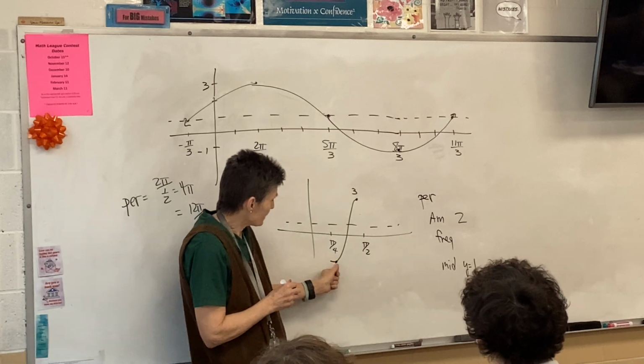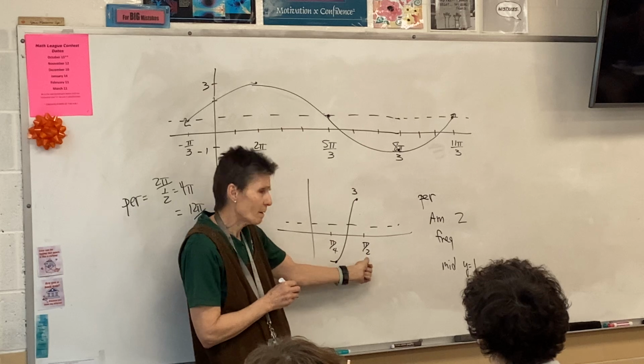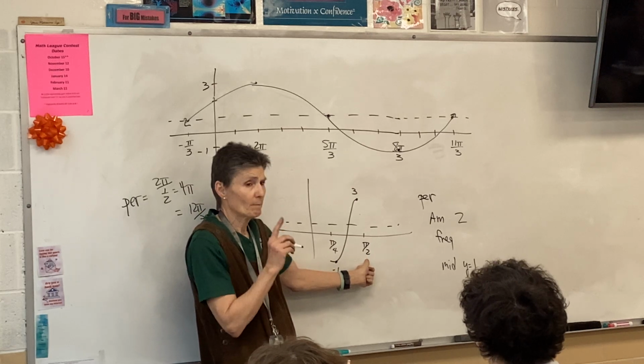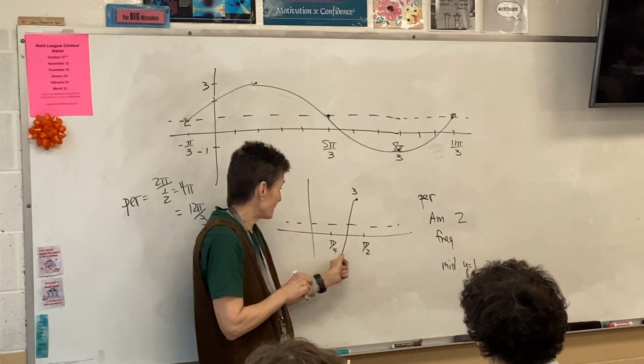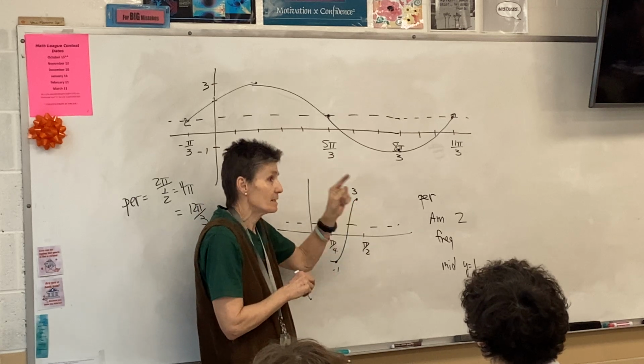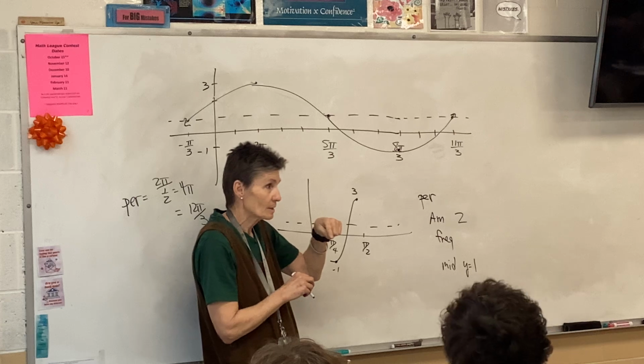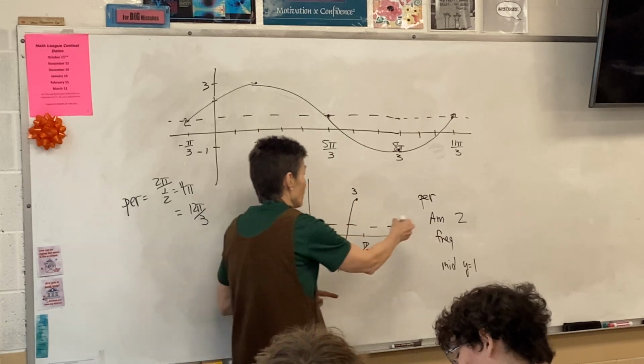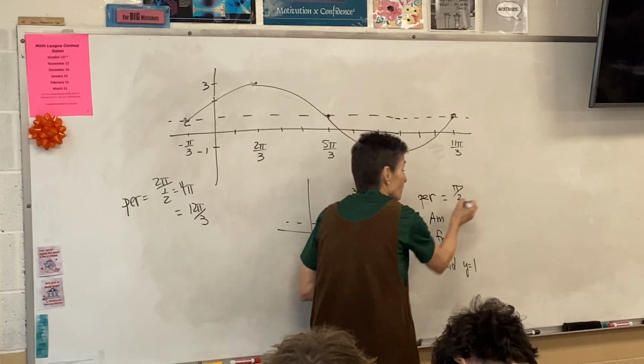Now, how far is it from pi/4 to pi/2? Pi/4. And remember, that is minimum to maximum, which is half the period. So if pi/4 is that distance, then your period must be pi/2.